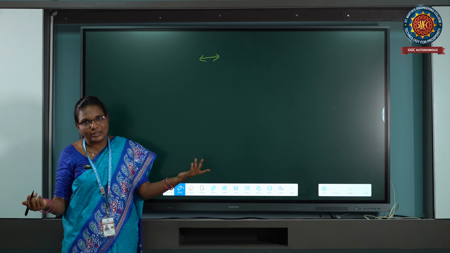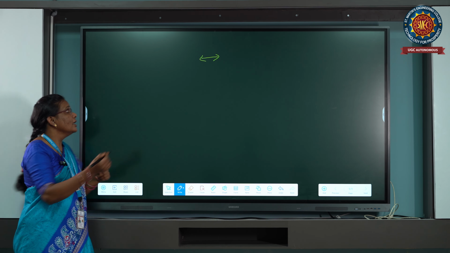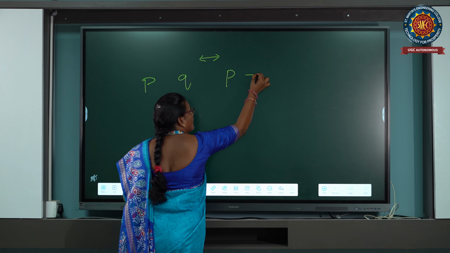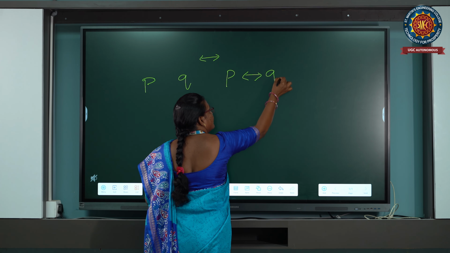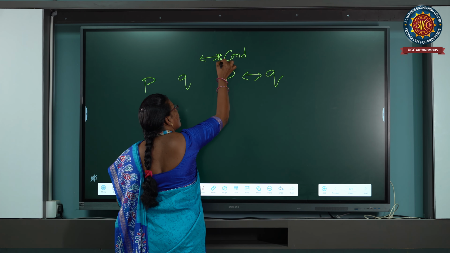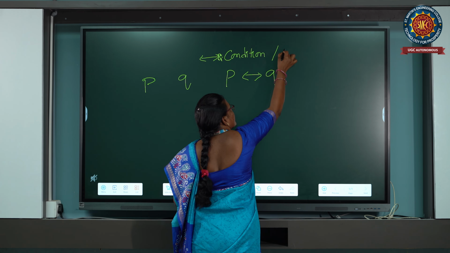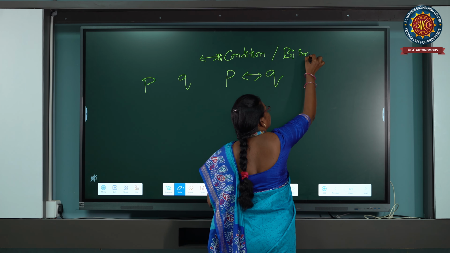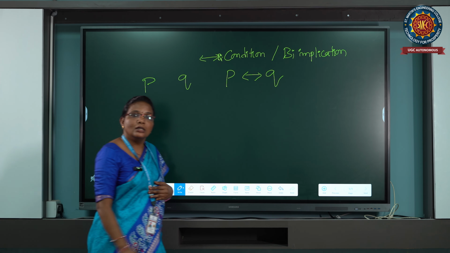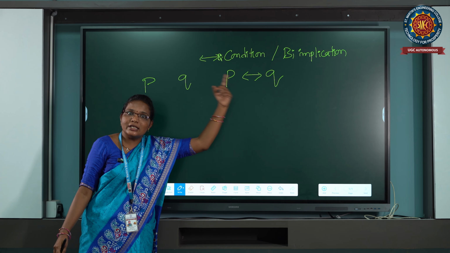So how are we going to construct the truth table here? Here also I am taking the two variables, p and q, and the result we need to find is the biimplication, p biimplication q. We can call it biconditional, or we can call it biimplication. So we have two names for this, biconditional and biimplication.